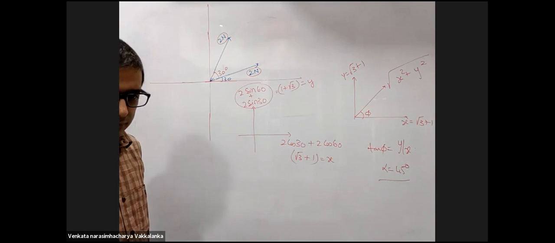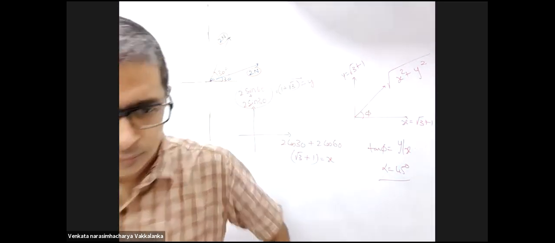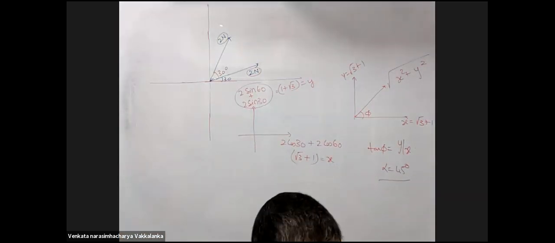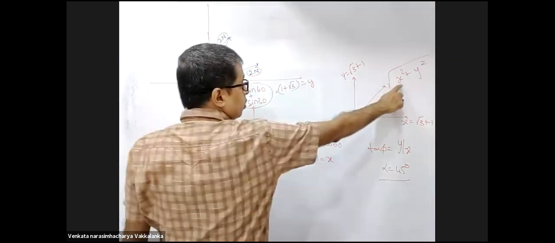Sir, I have a doubt. What if in the question they asked only about the mod of the resultant? Can we find the component along any one axis and then add them up numerically to find only the mod? This is only the mod.